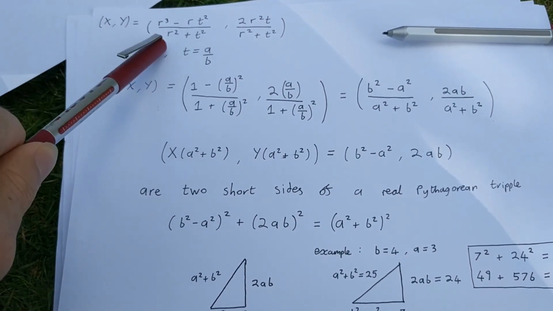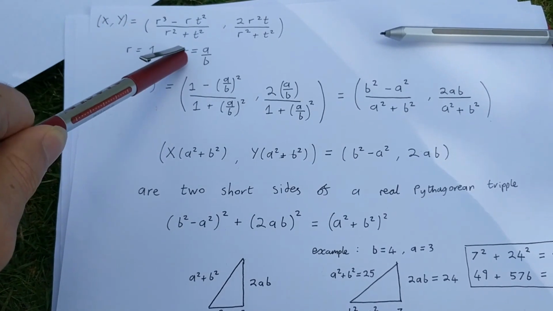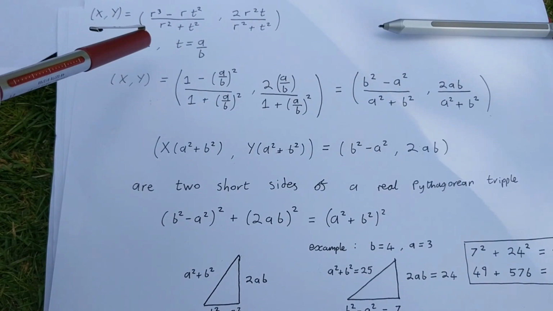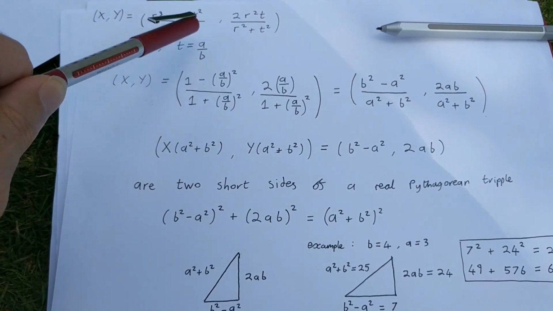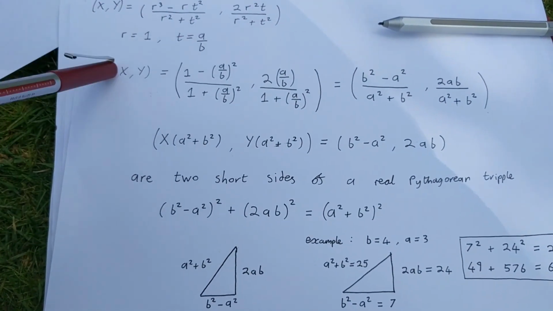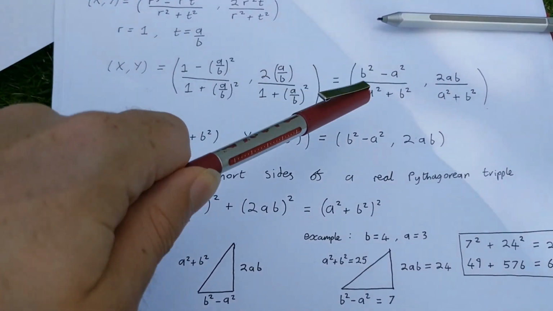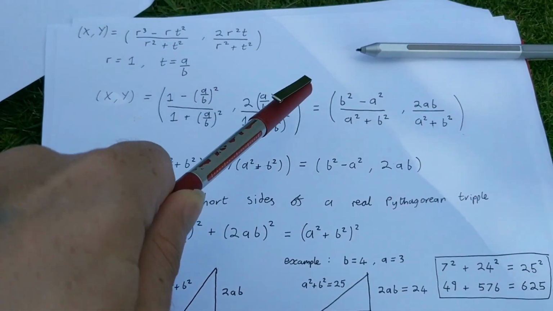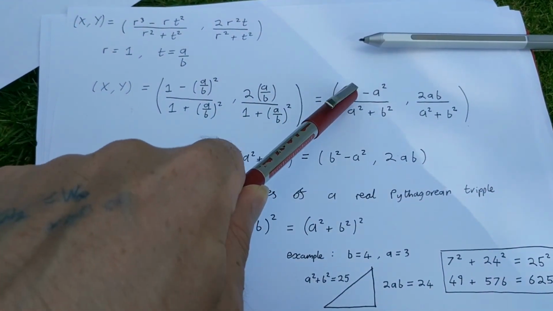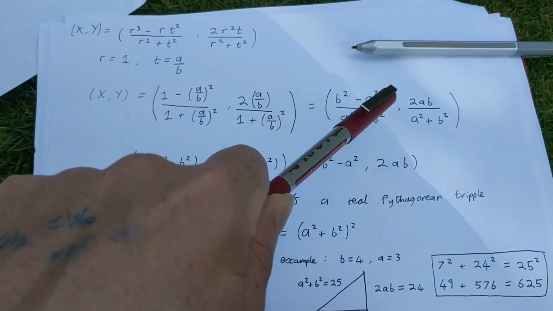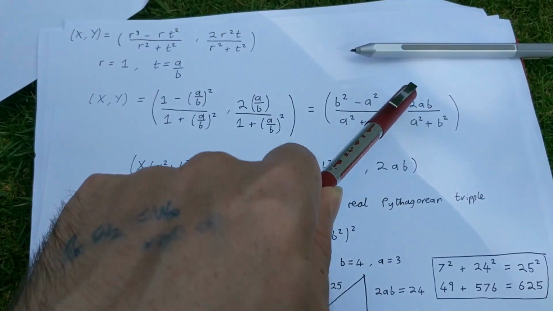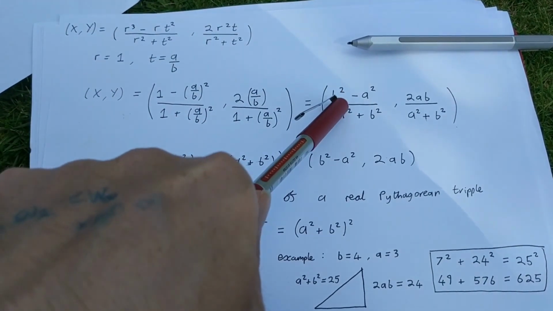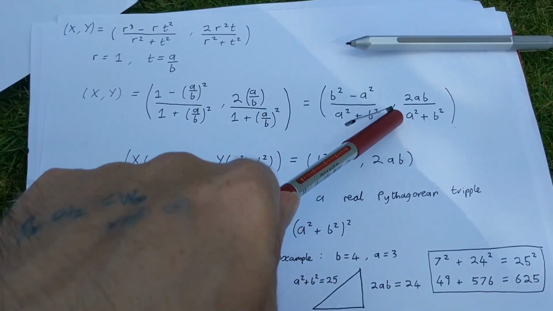We just evaluate it for the special case where the radius is 1, and we let t be a rational number, a divided by b. So a and b are integers here, b is not 0. And if we just plug in these numbers, we get this expression, which simplifies to b squared take away a squared divided by a squared plus b squared, comma 2ab divided by a squared plus b squared. So we get a really nice expression for these rational points of the circle.